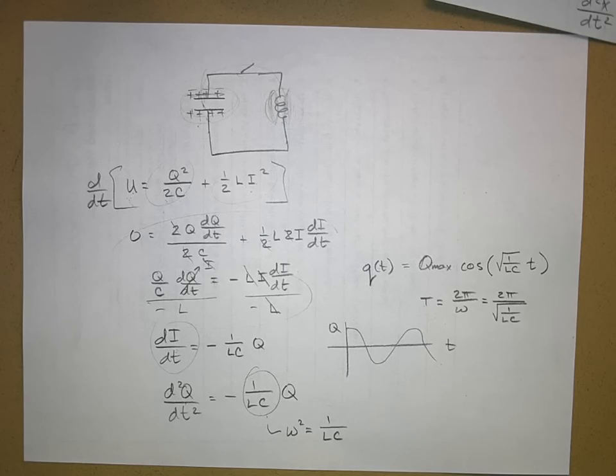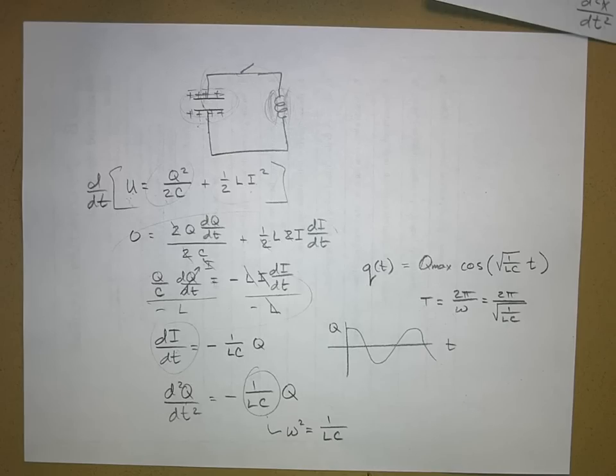Omega squared, so per seconds squared. But when you take the square root, it has to be omega, which is per second, because when you do 2 pi divided by a per second, you get a second.